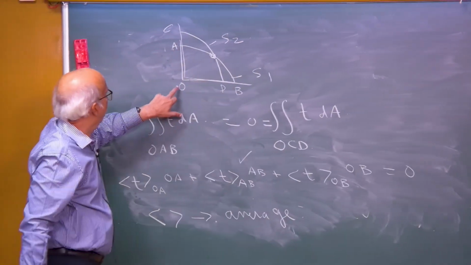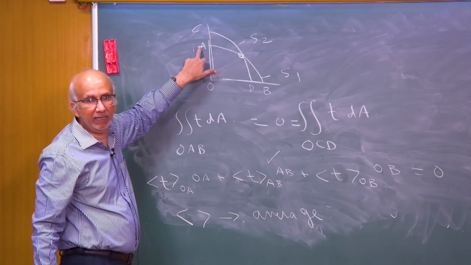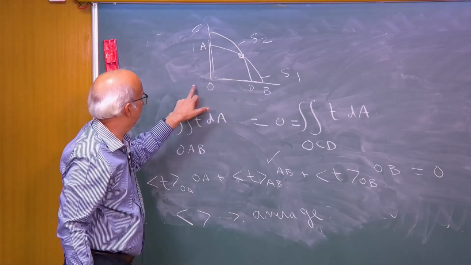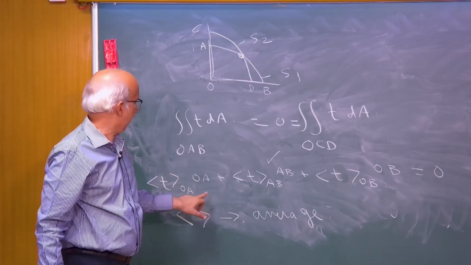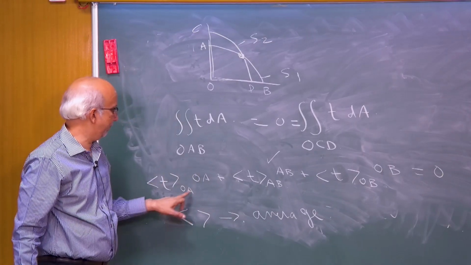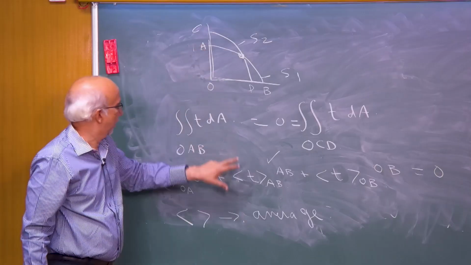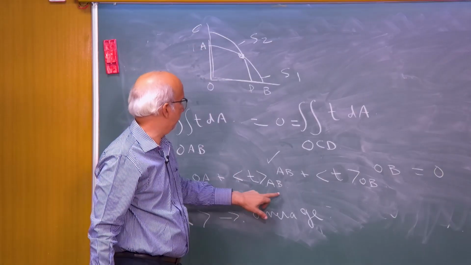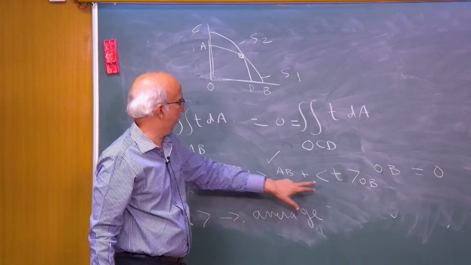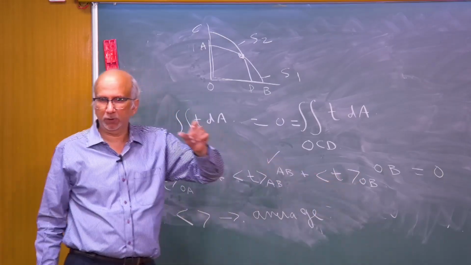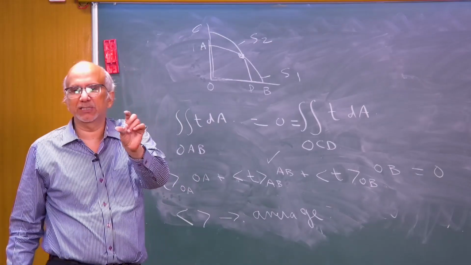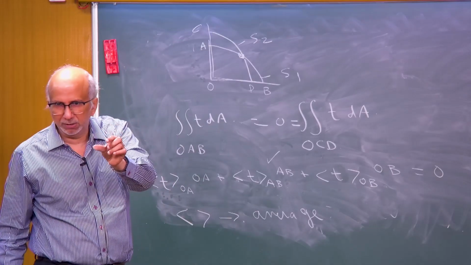Over S1, I have split the integral as OA, AB, BO, okay. OAB is the average of the vector over OA multiplied by OA, average of T over AB multiplied by AB, same thing. Why am I able to do this average? Because it's a very small thing. So, the variations are not going to be significant in a very small element, okay.